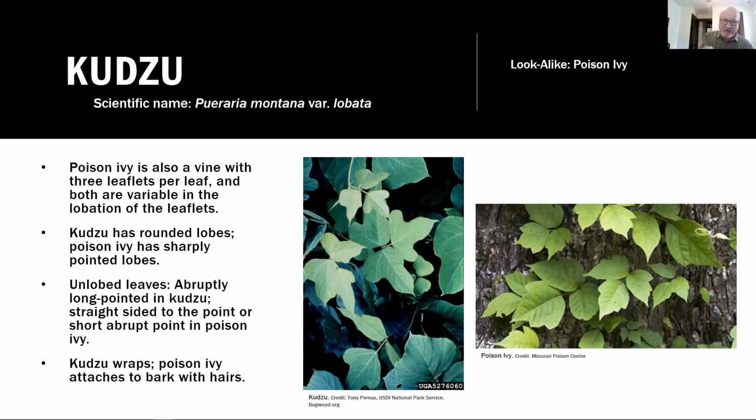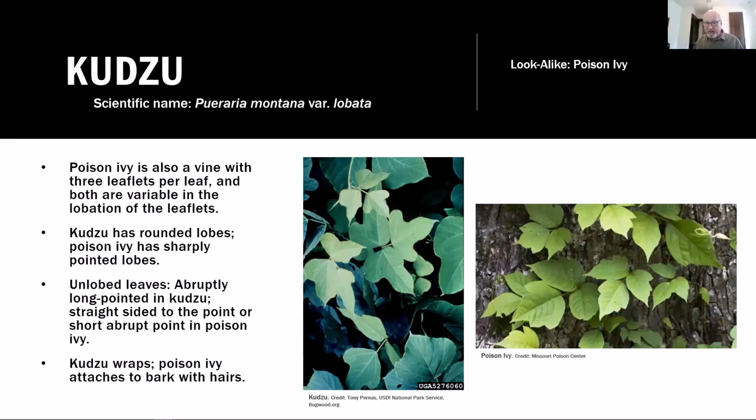But you see on the kudzu on the left there, the lobes are more rounded, and yeah, poison ivy can have an acuminate tip to some degree, but it's not as pronounced as on kudzu. And it's a different color, and it's a different kind of vine. Kudzu, the stem wraps around the trees, and that's how it gets up the tree.